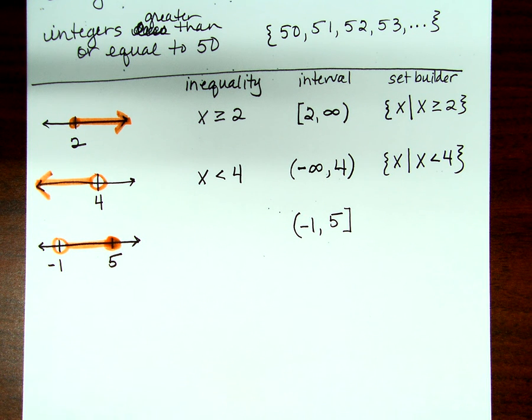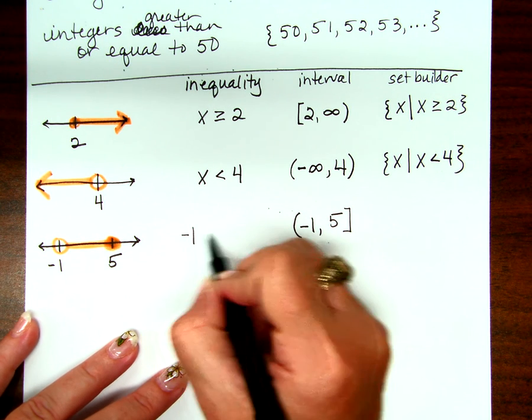So what about inequality? While that is correct, it's not the best way to write it. Do you mind if I show you the best way to write it? Would it be appropriate to say that X is between -1 and 5? That's not exactly right, just for the record. It's really between -1 and 5, including 5. But could I write this?